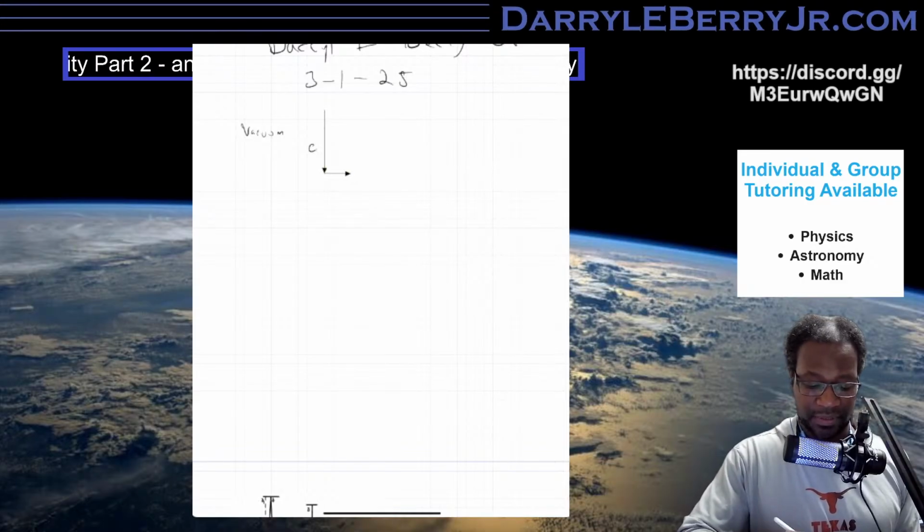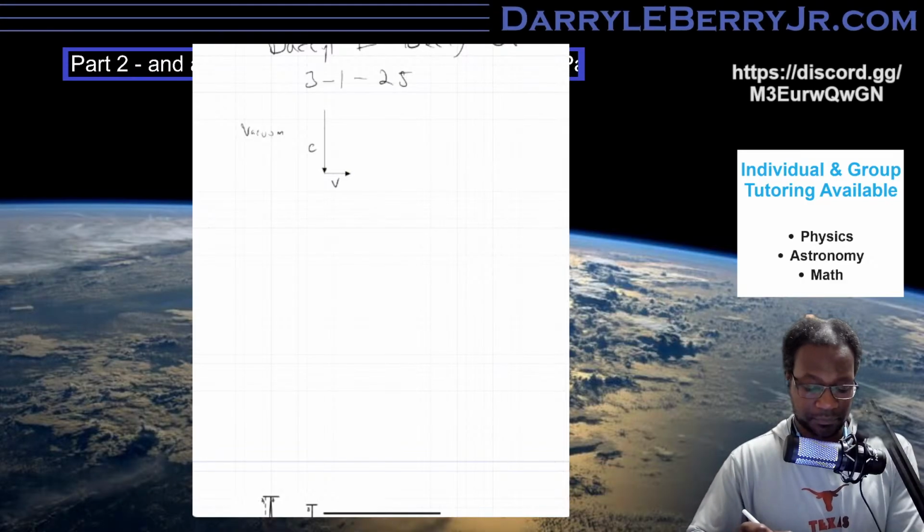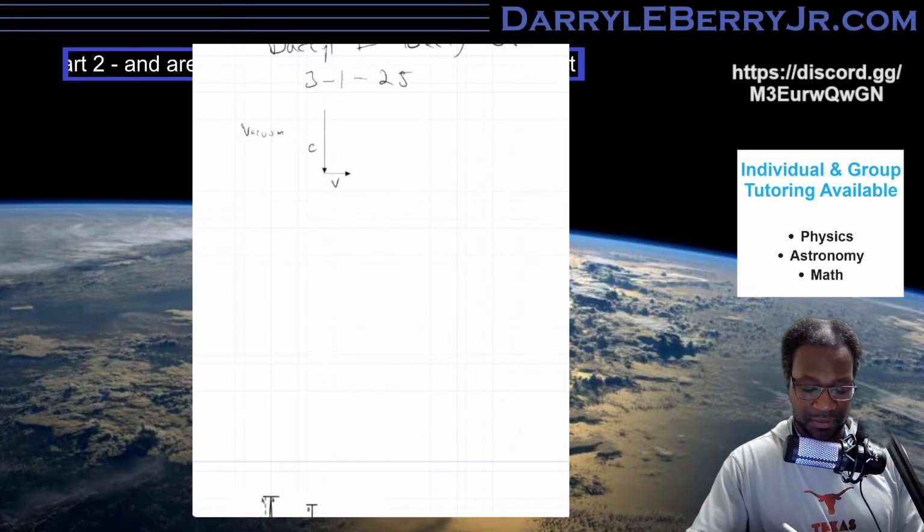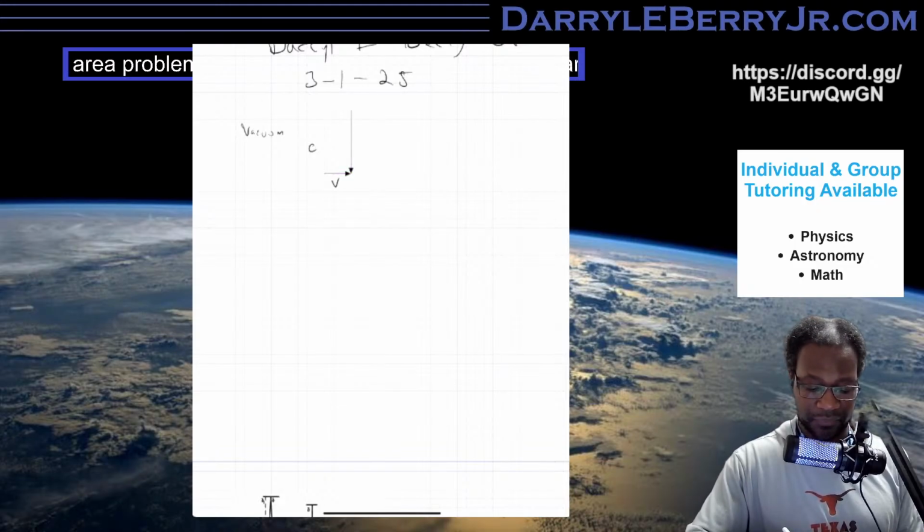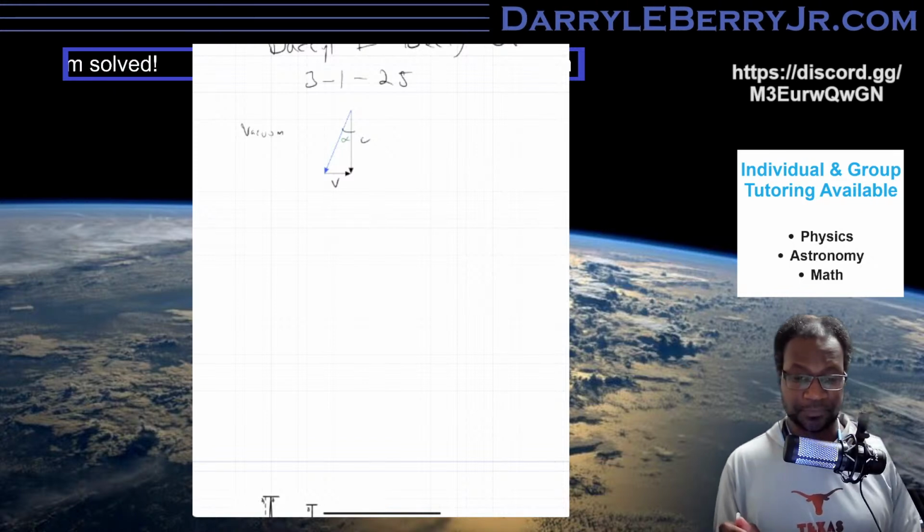So we call this C, and we call this V. What'll happen is, because we've moved, we would see the light taking an altered path, like so. So this angle here would be the aberration angle.